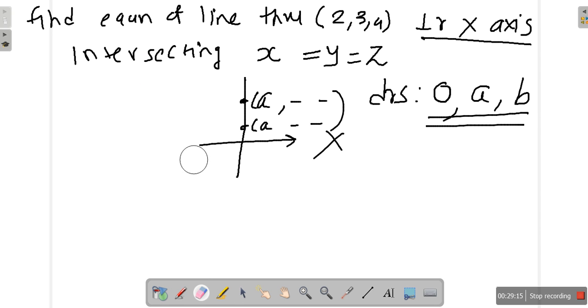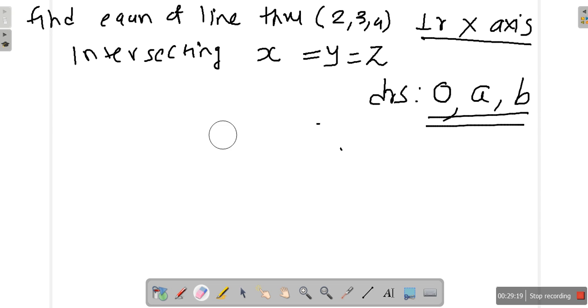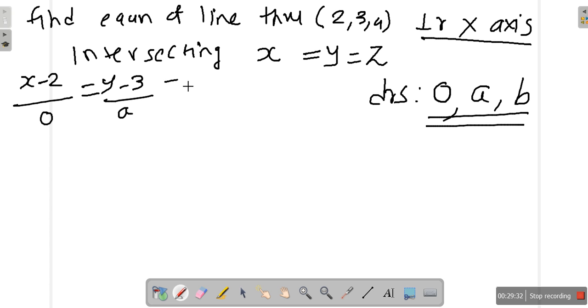The equation of required line will be (x minus 2) upon 0, (y minus 3) upon a, (z minus 4) upon b.